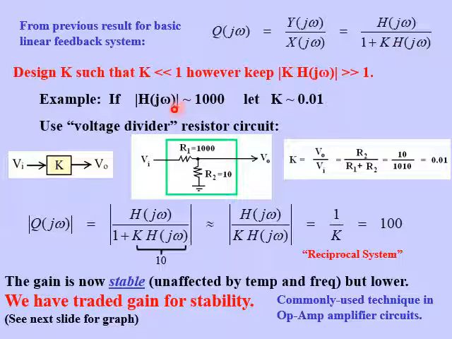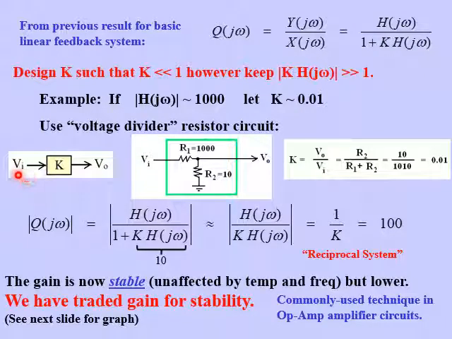So just as an example, let's say the magnitude of H, that's the amplifier's gain without any feedback, is 1000. And let's set K, our feedback loop gain, to 1/100, so 0.01. And we could easily realize this multiplication K by using a voltage divider.